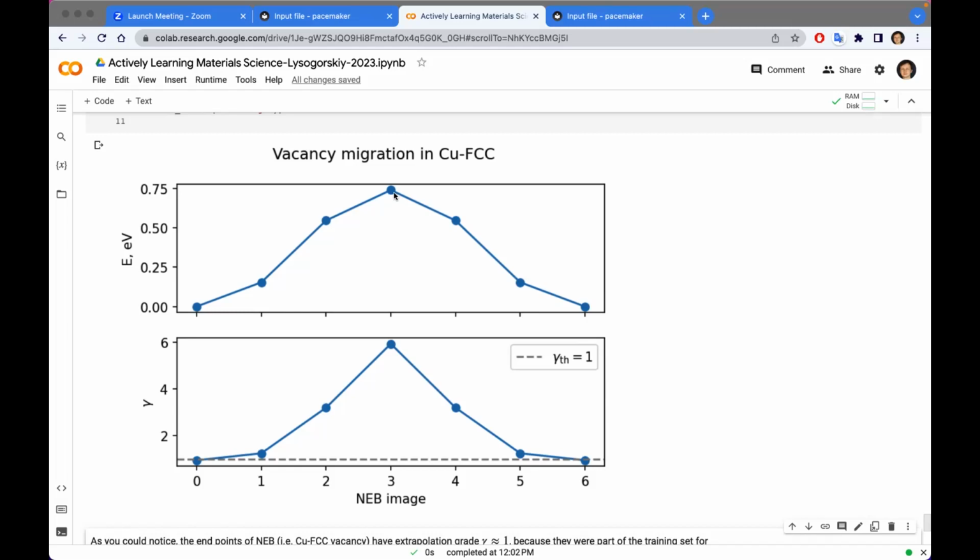If you Google for vacancy migration of copper FCC, that would be a more or less realistic value, I would say. Maybe it's 0.8 or 0.9, I don't remember, to be honest. But it's not that bad. Still, the potential with this active set signals that it's not sure about this prediction. So in the ideal case, you have to take the structure, go to DFT and update your training set.